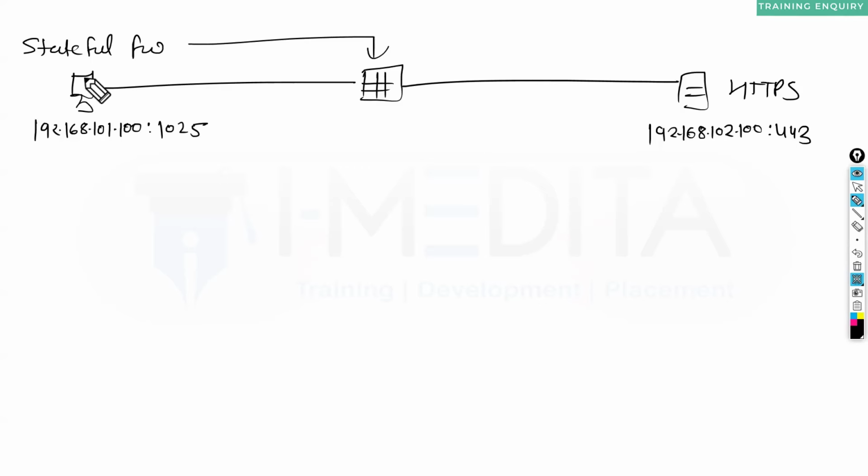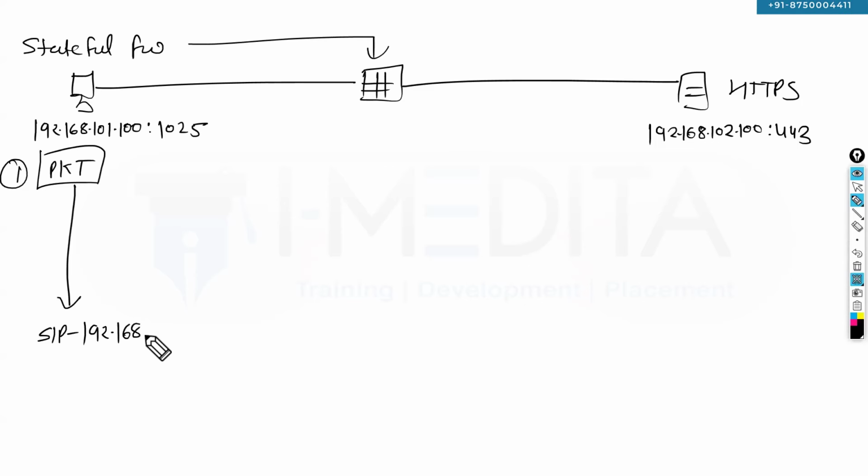Now, first of all, this PC will generate a packet. Packet structure will be like this. Source IP will be 192.168.101.100. Destination IP 192.168.102.100.